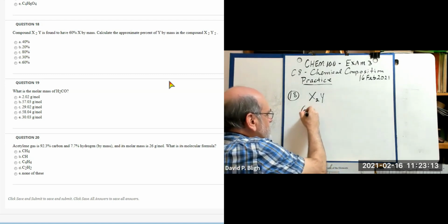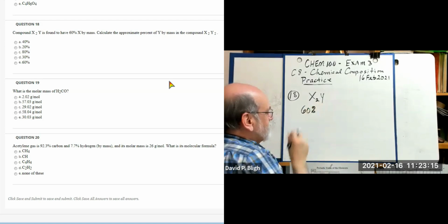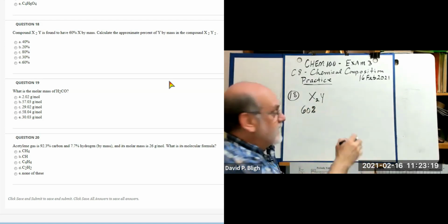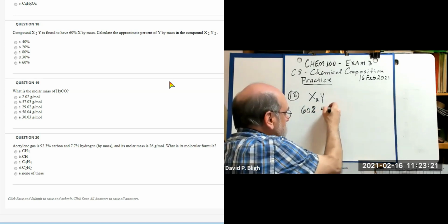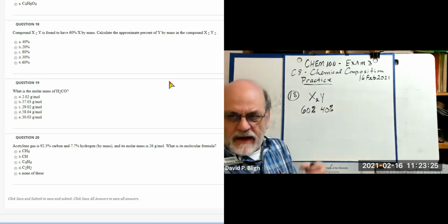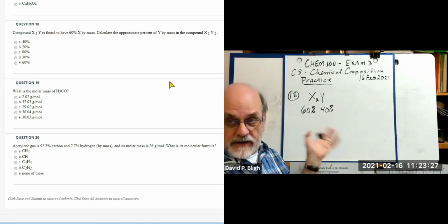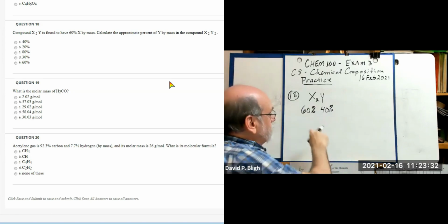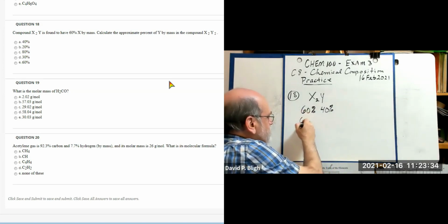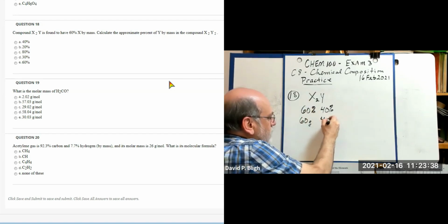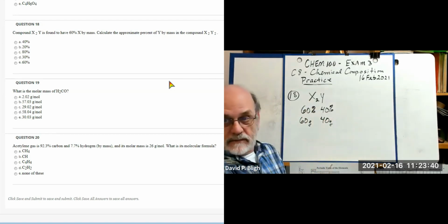So X is 60%, okay? That means Y is 40%, correct? So if you have 100 grams of this compound, how many grams would be each one? Okay. So this one would be 60 grams of X and 40 grams of Y. Okay, so far so good.